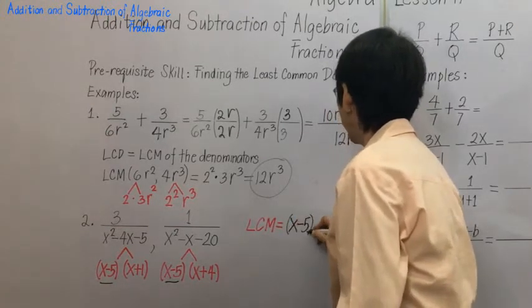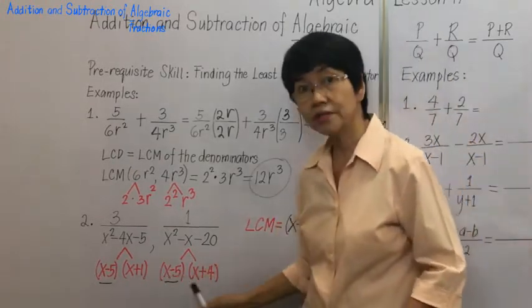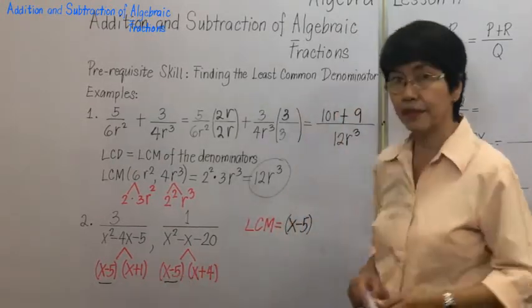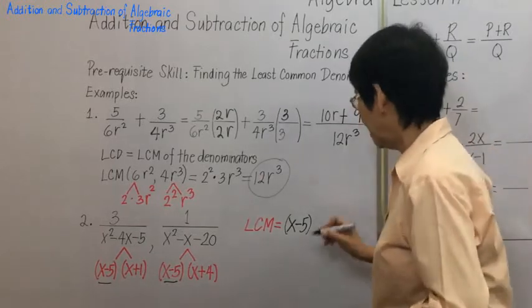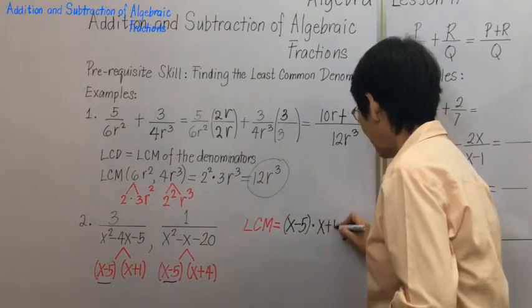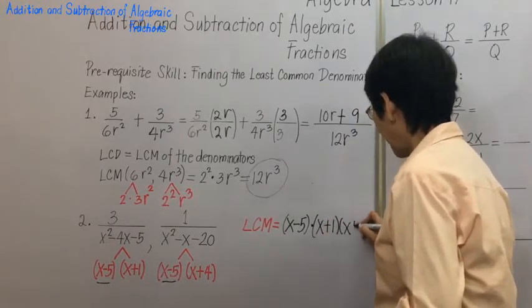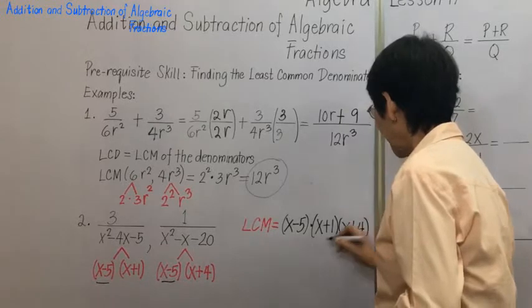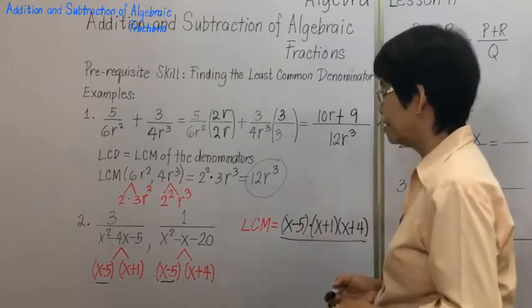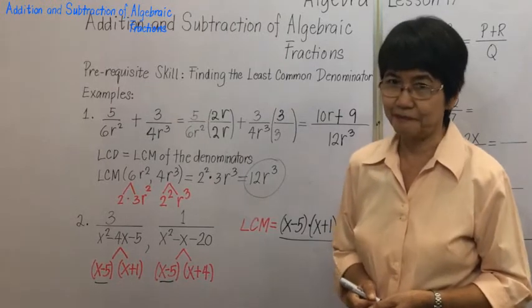And then we have two other factors which we will include in the product. So, you multiply that with x plus 1 and x plus 4. This becomes the LCM and also the LCD.